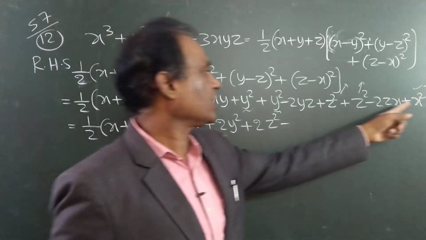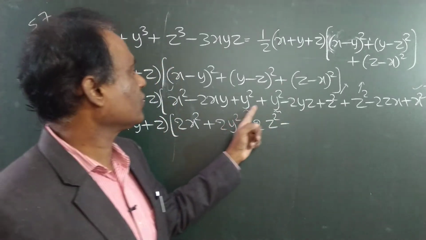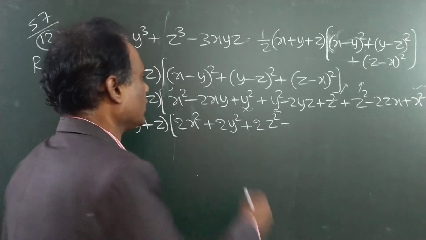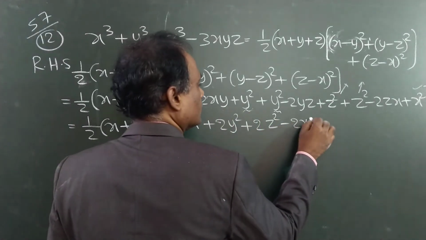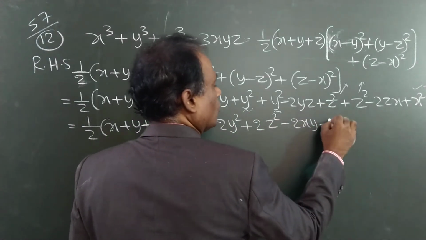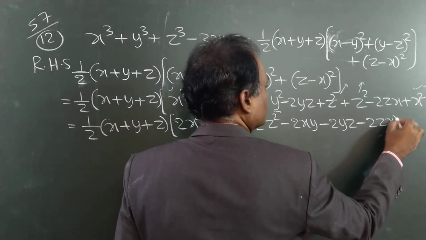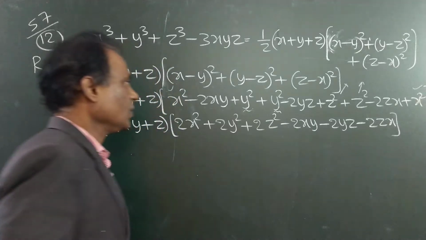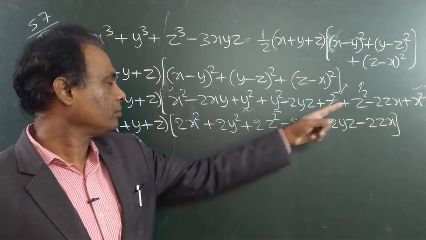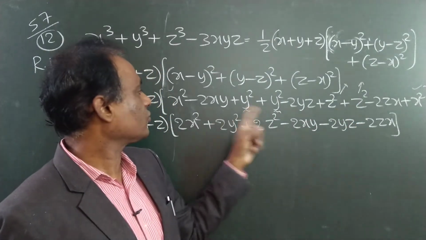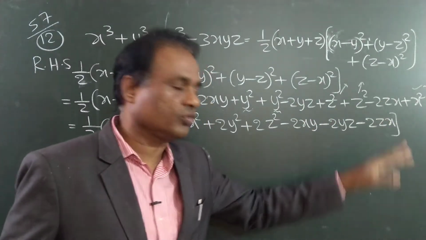X square plus x square is 2x square, y square plus y square is 2y square, z square plus z square is 2z square, minus 2xy, minus 2yz, minus 2zx.